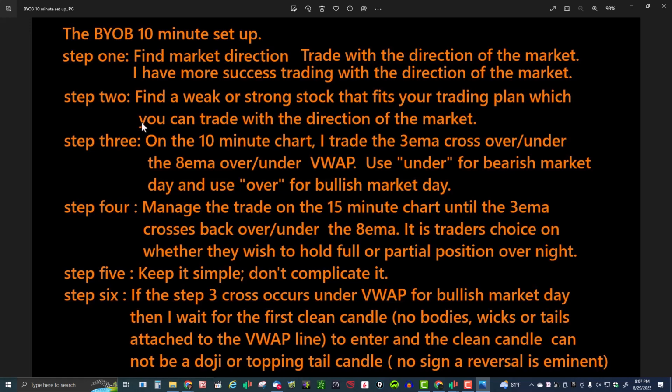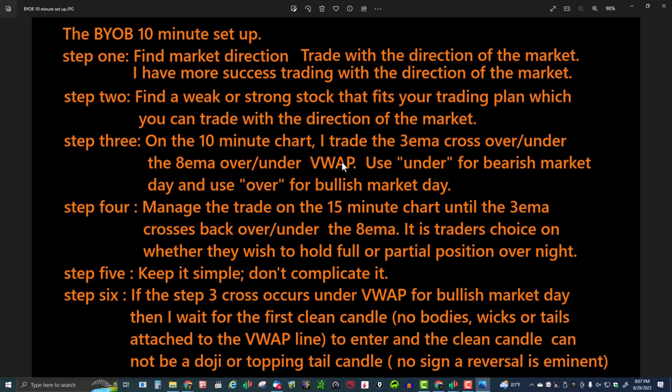So you want to trade what you normally trade and find a stock that is within your range of purchasing. Step 3, on a 10-minute chart, I trade the 3 EMA crossover or under the 8 EMA.